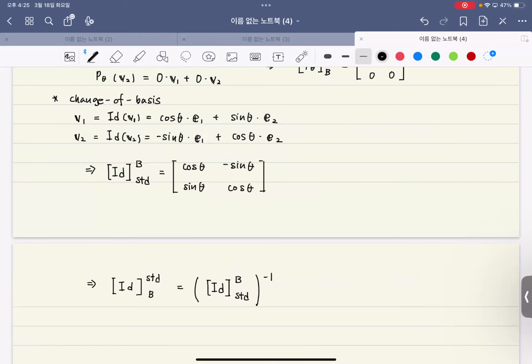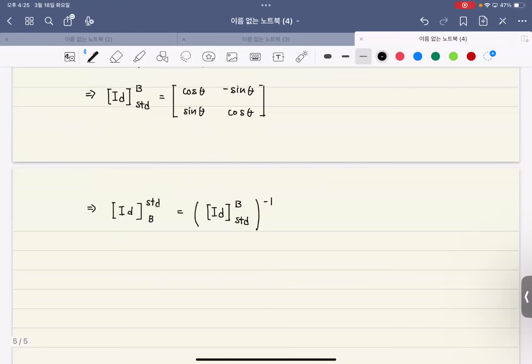All right, we're almost done. Now, we try to find this. This is our final goal. I want you to find the matrix representation of the projection in terms of the standard basis.